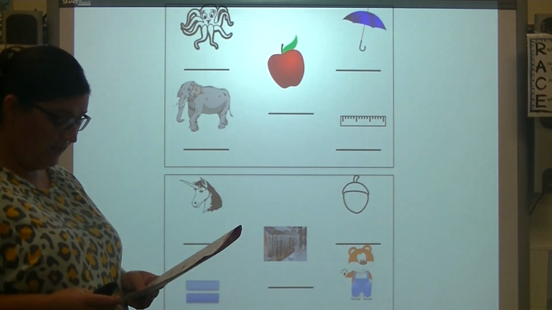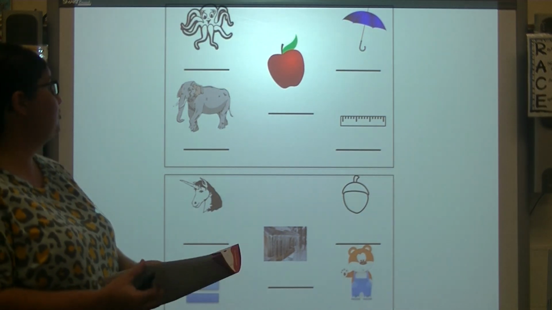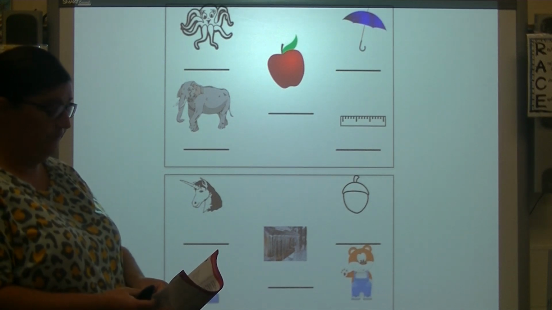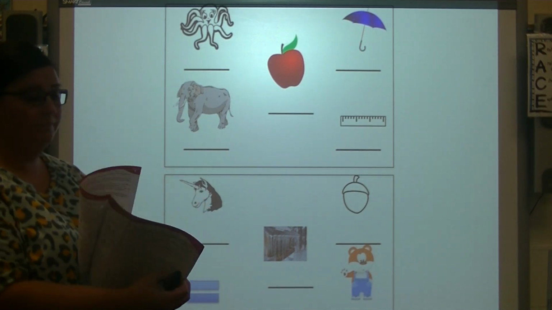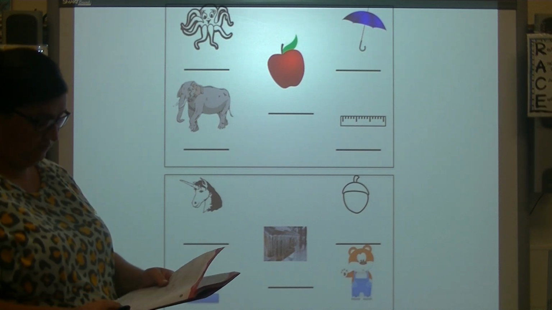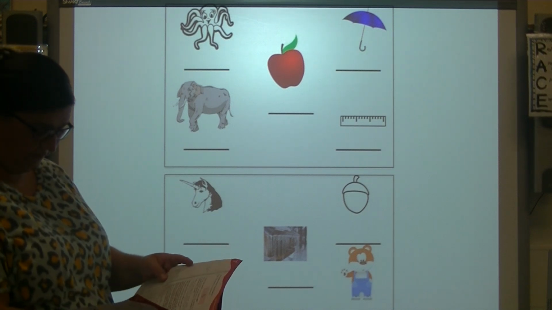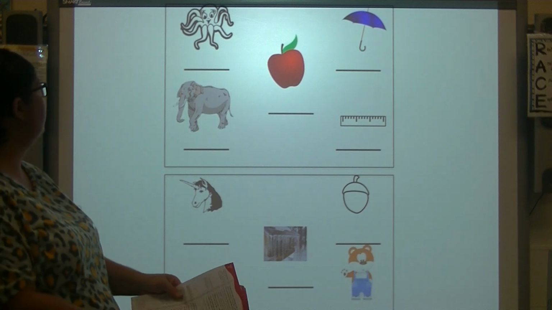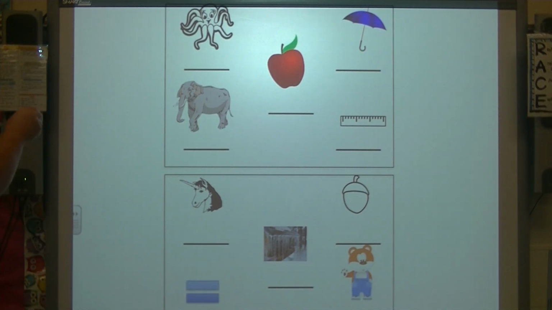Yes. All right, it's your turn. On numbers 1 through 10 on your paper, it's on this side, on the left-hand side.